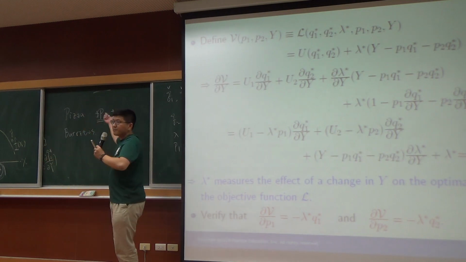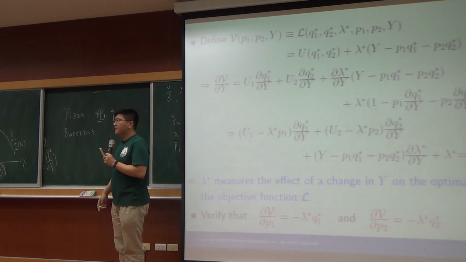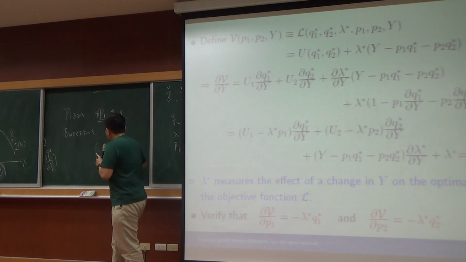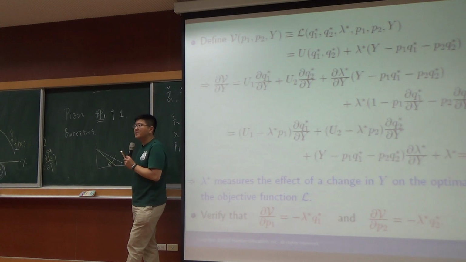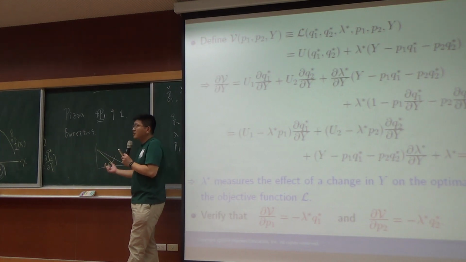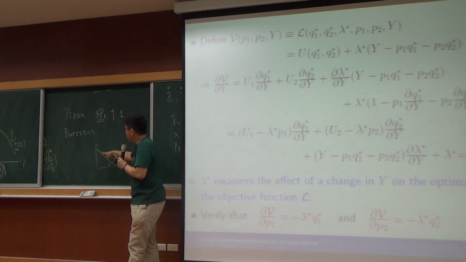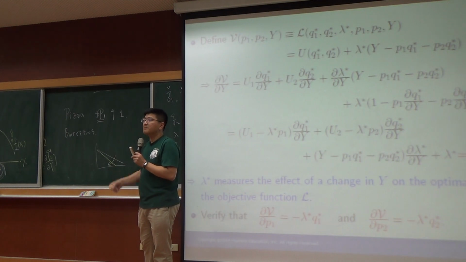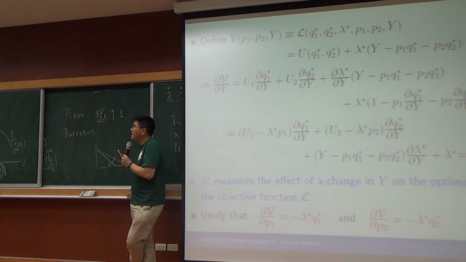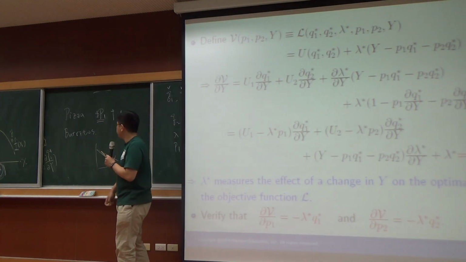The price goes up, you will be better off or worse off? Worse off. Because the budget set would look like this, right? So your budget set decreases so that you cannot choose on here. You can choose only on this new budget line, and your utility must decrease, right? So we'll be worse off.